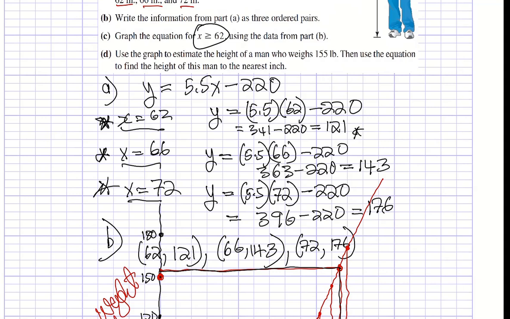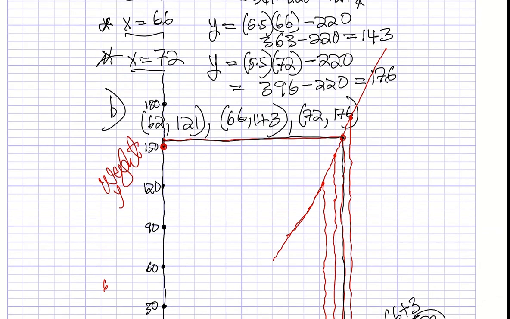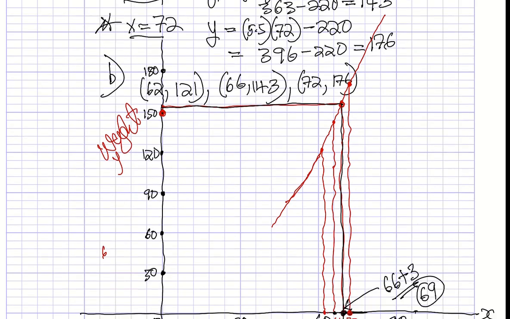I don't know, man, that's what I got. If we're off, it's because our graph is off. So the man is that height right there, 69. If we were off we can solve it mathematically, but they say use the graph. So I think that's all I have for that one.